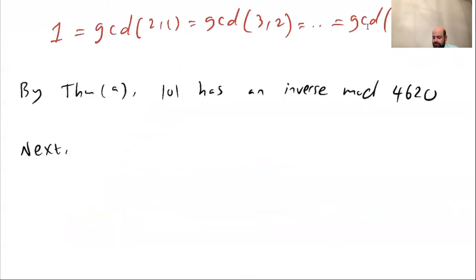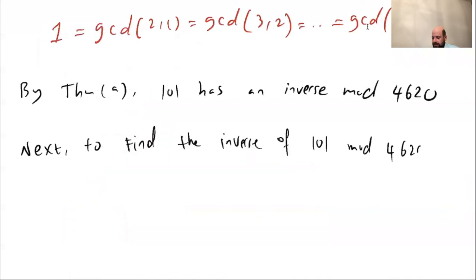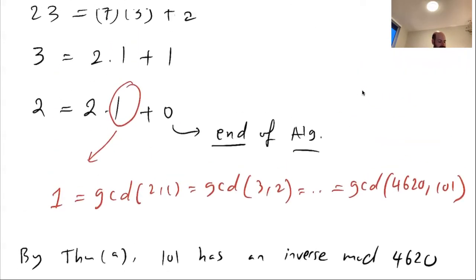So next, to find the inverse of 101 mod 4,620, note that the proof in theorem part A shows that we need to write 1 as a linear combination of 101 and 4,620. So let's look at the proof of the theorem again, part A.